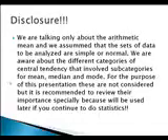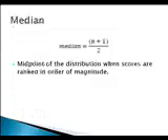The median is basically the midpoint in a series of values that have been arranged in order. This is the mathematical expression: the total number of observations plus 1, divided by 2.